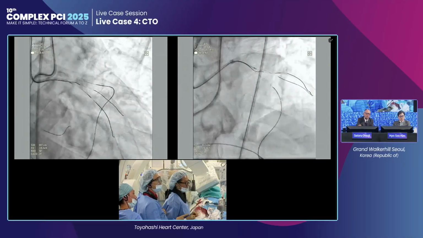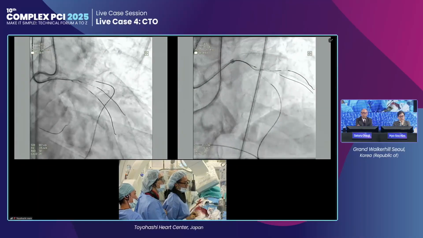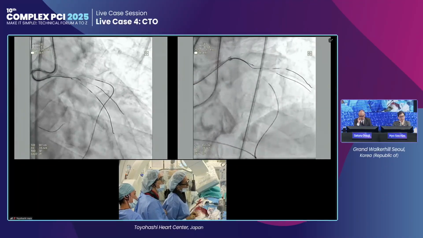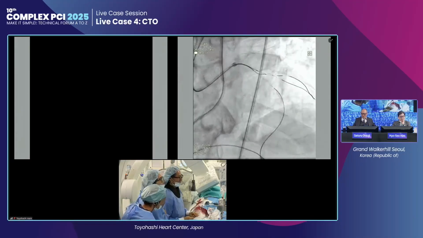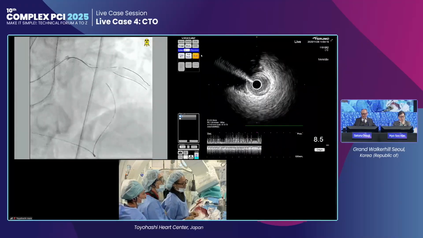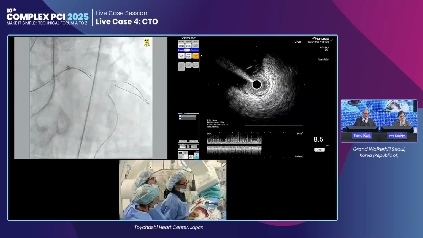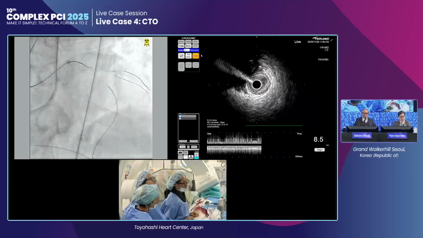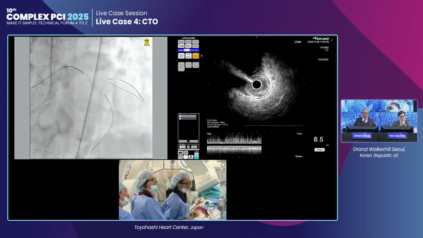Maybe in the D2. D2 direction. Just slightly withdraw and redirect toward the distal mid LAD. But I think more proximally, the right side is better. Hopefully. This is not right.